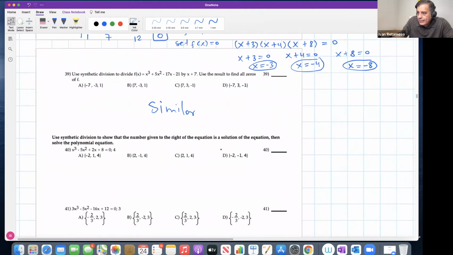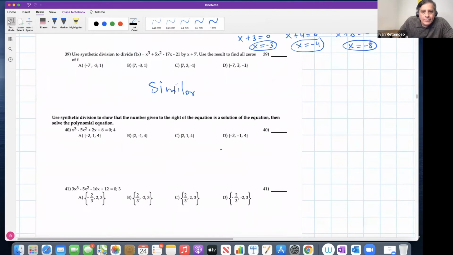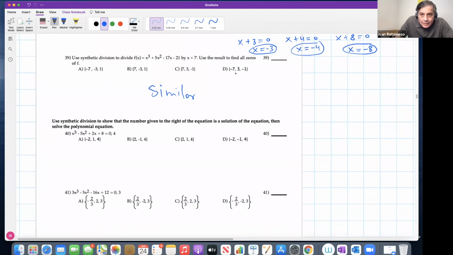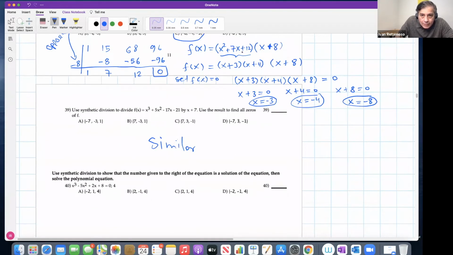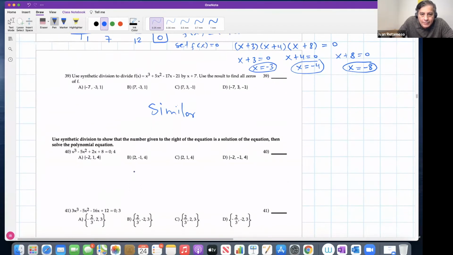Continue with 40. Also similar, because they say that you have to use synthetic division starting with this number 4. This is one of the zeros, so you start with that. Then you do what I did here: get the full factorization, and then you get all the solutions.